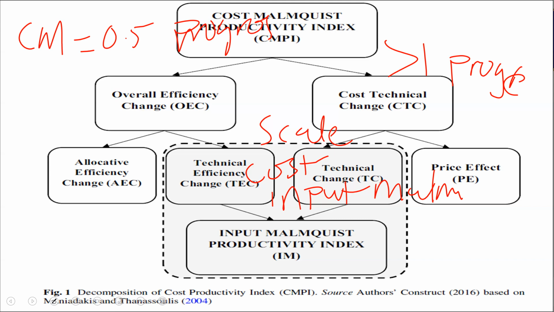So you would take the reciprocal. I would now say cost Malmquist reciprocal is 1 over 0.5, which will give me 2, which now makes progressive sense. That is proper progress. So now you can interpret it and say that the firm has progressed between year 1 and year 2. The firm has progressed by 100%. Productivity has increased by 100%.